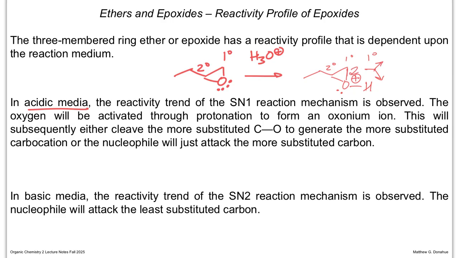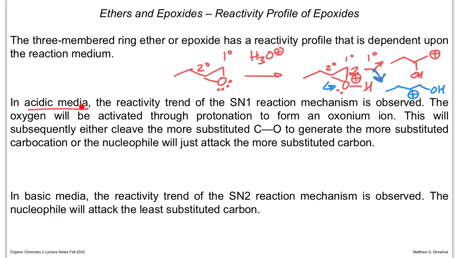So say I break open the one from the primary, and that now generates a primary carbocation. Or if I do it the other way, that now generates a secondary carbocation.